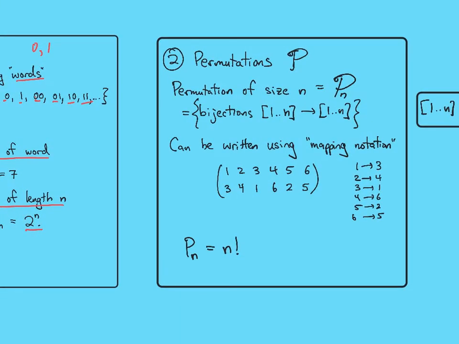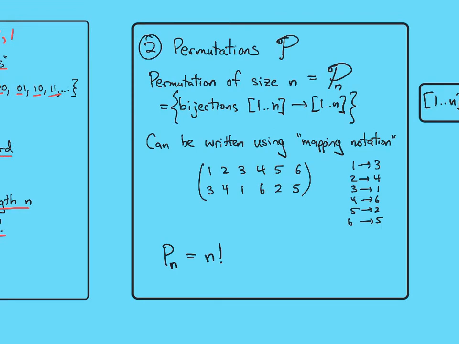Let's look at permutations, which we've already mentioned. So the combinatorial class of permutations is easiest to define by breaking it up into sizes.